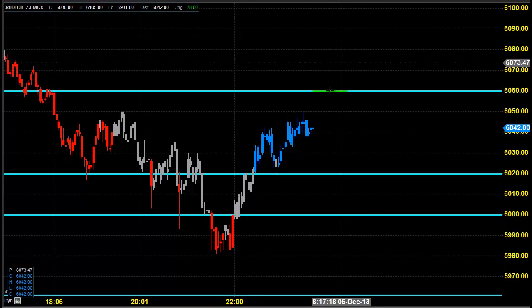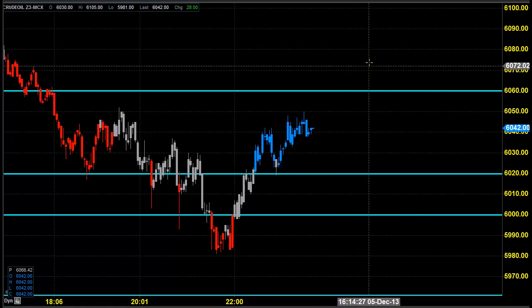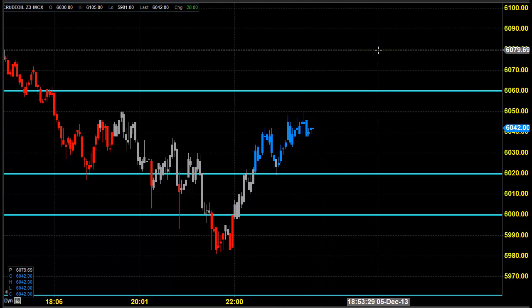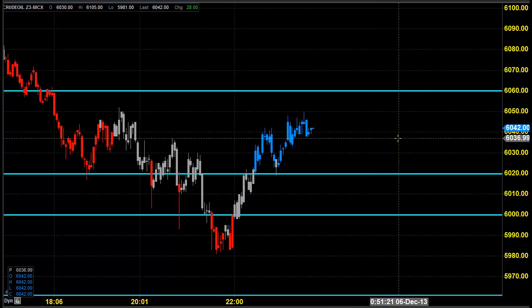What is the inference if the price is closing above 6060? It indicates the price is gradually closing higher. That will again pull a lot of buyers, so that it can reach the expected target.